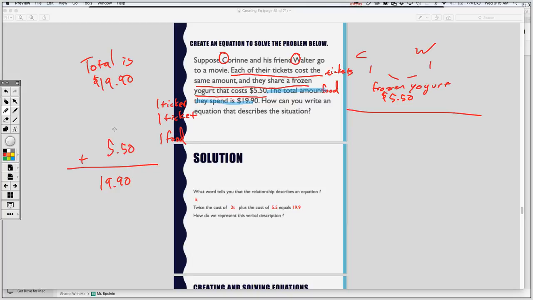If you don't know what it is, what are you going to use? You told me earlier: t. So to make this an equation, how many t's do I have? 2t, and then plus 550 equals 1990.